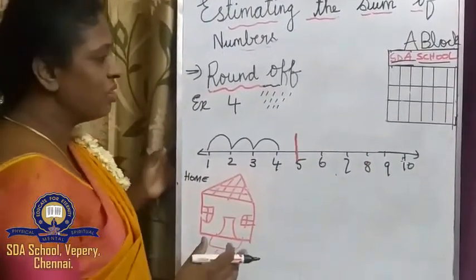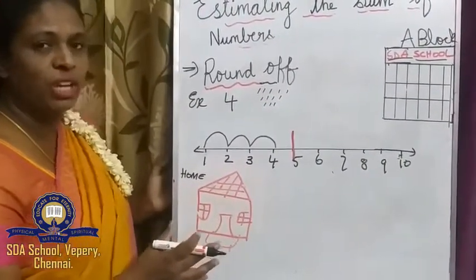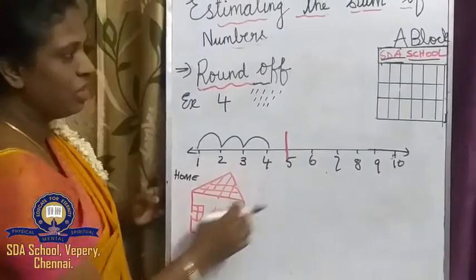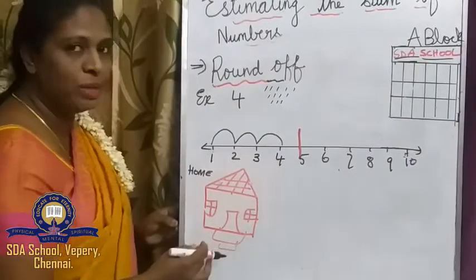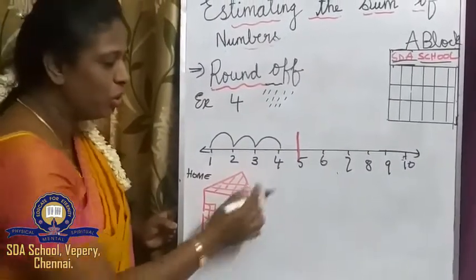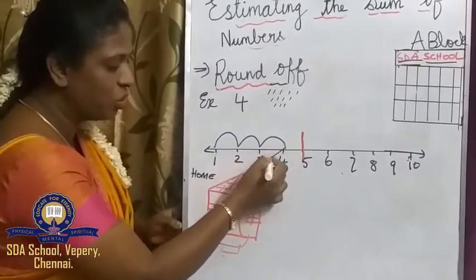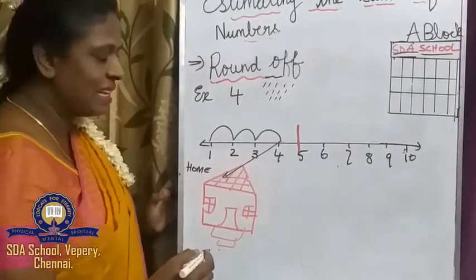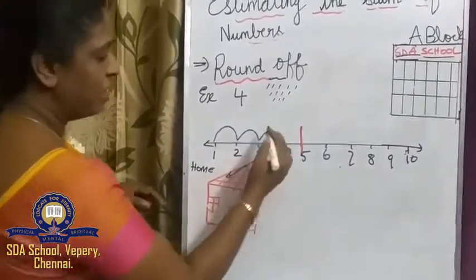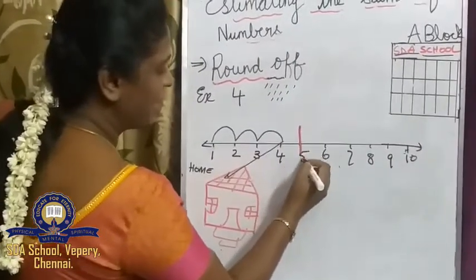So you will just turn and see which is near. Your home is near, right children? So you will run back to your home. So 4 is lesser than 5, and here 5 is the center part.